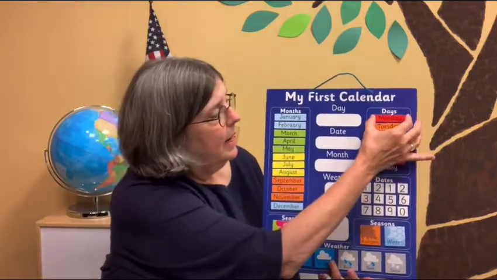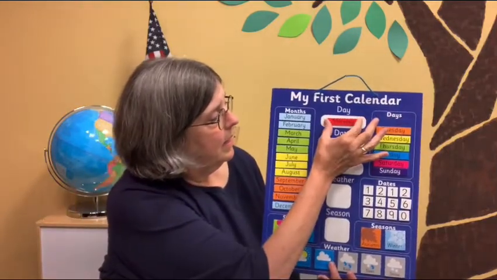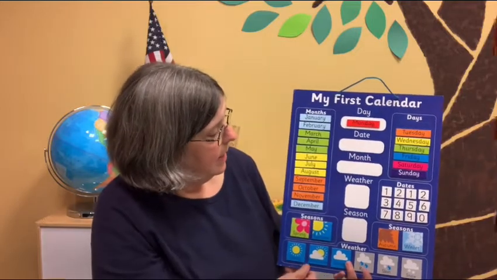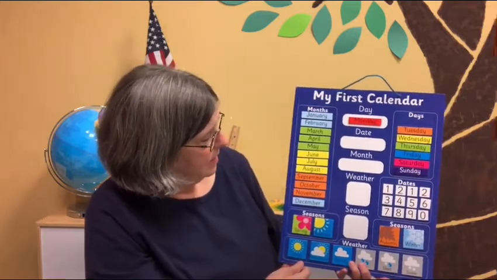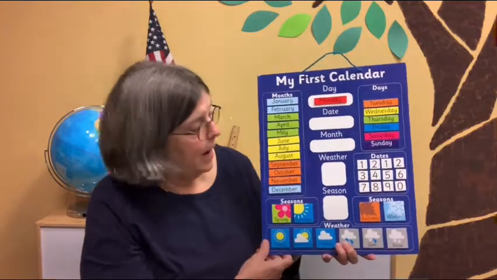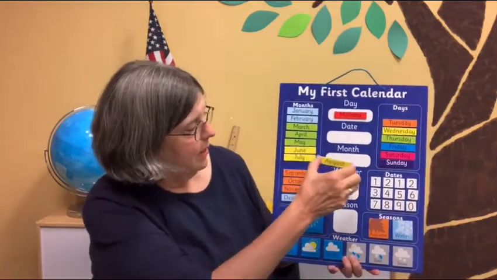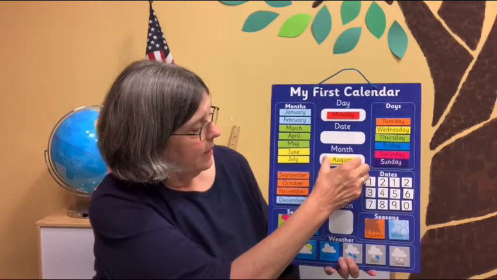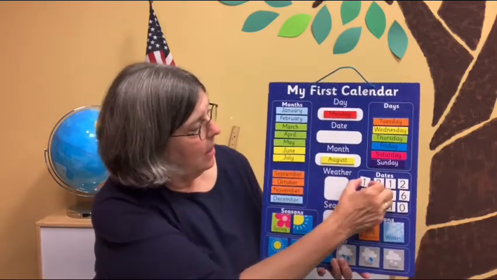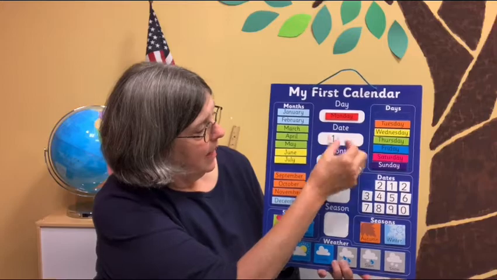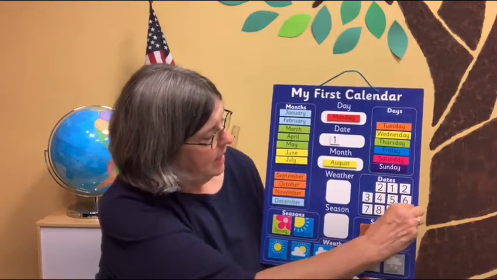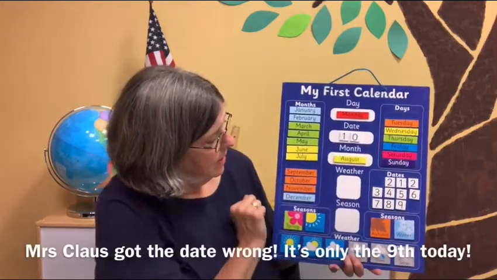So today is Monday, and the date, that's the day of the month. So this month that we're in right now is August, and it's August 10. So we'll put up a 1 and a 0.